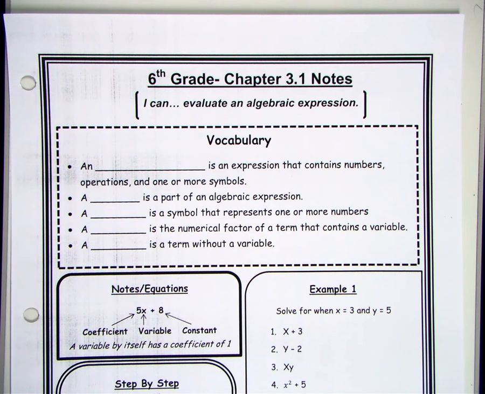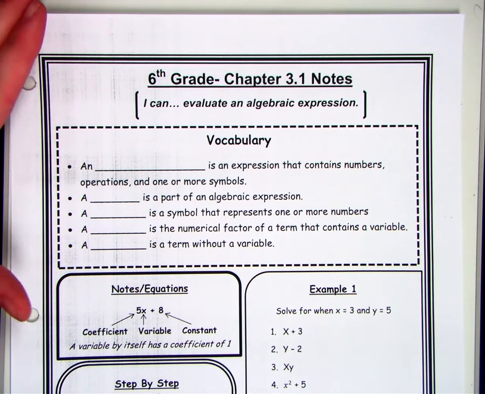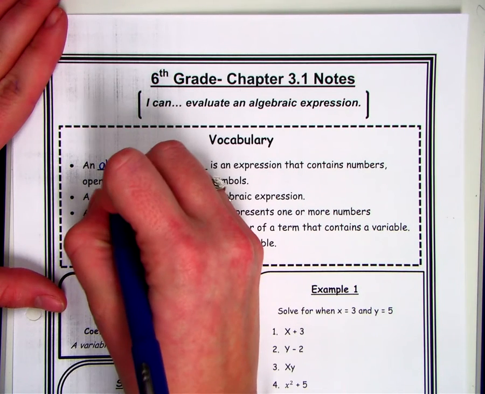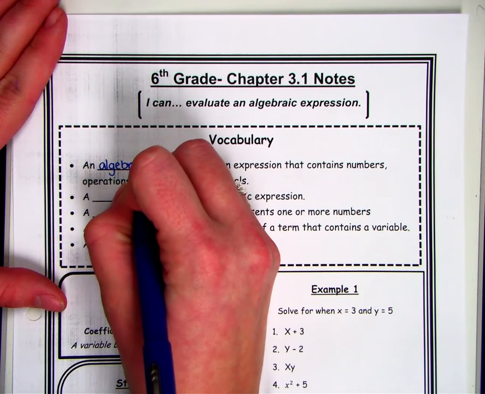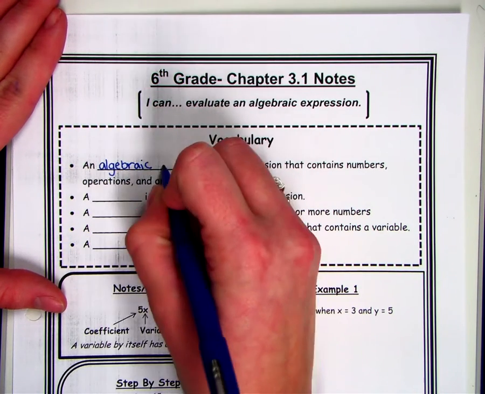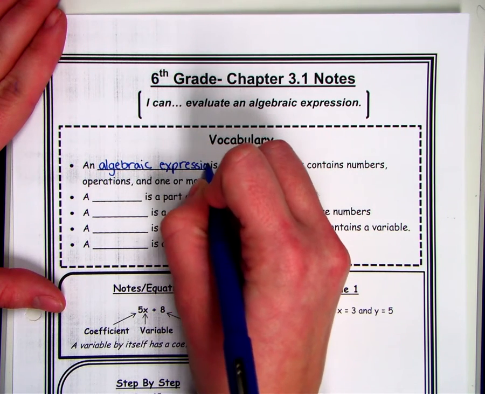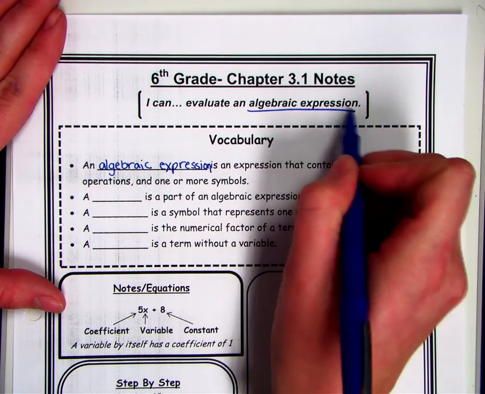Our first vocabulary term says, a blank is an expression that contains numbers, operations, and one or more symbols. That is an algebraic expression, which is right here.